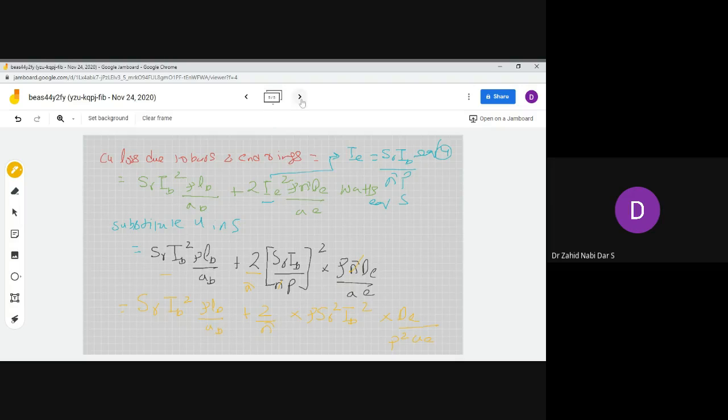Let this be equation 6. In this particular equation, you take SR square, rho, and IB square common.